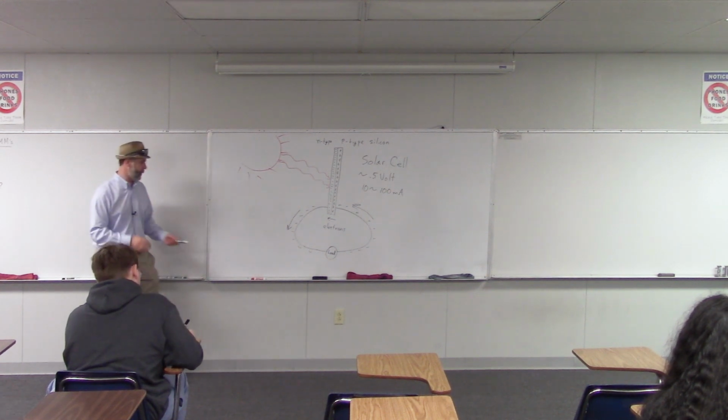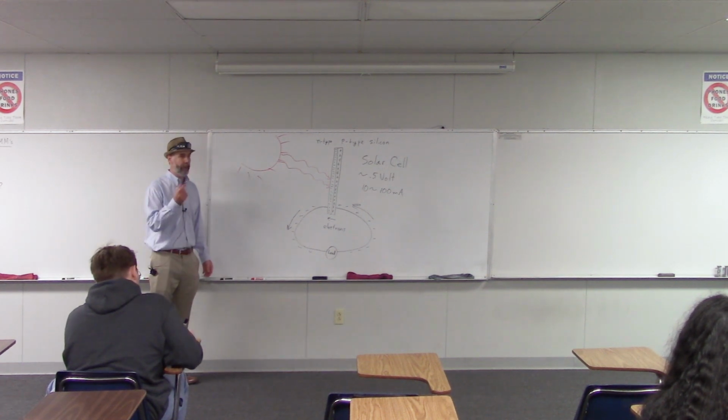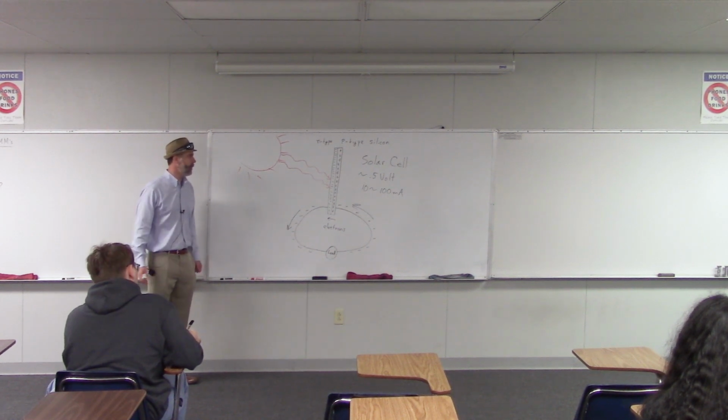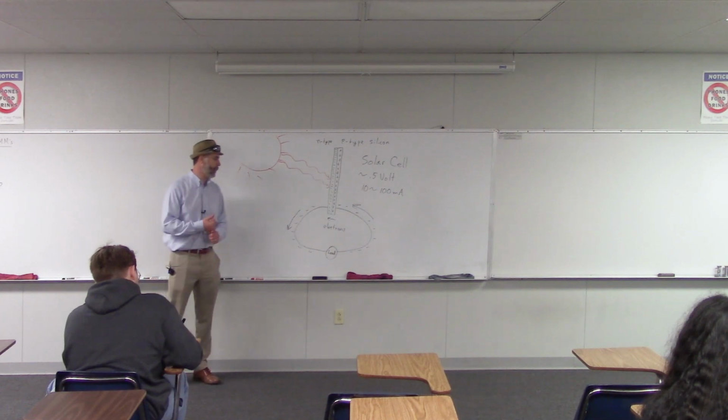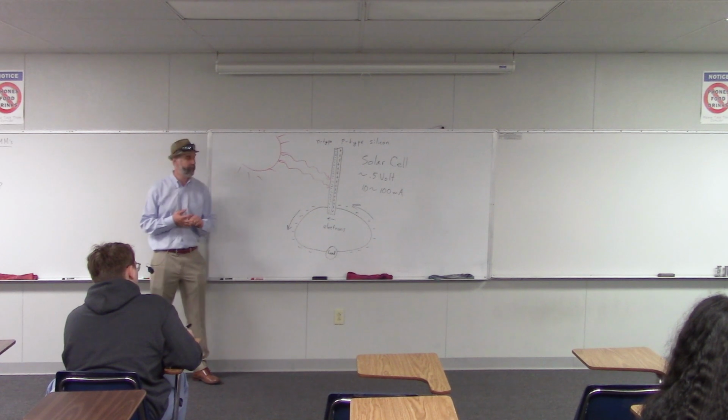So that might be enough to power a little calculator, say, but it really can't do much beyond that. It's certainly not enough to power a house or a car or anything like that.